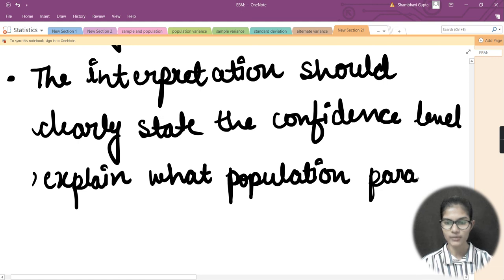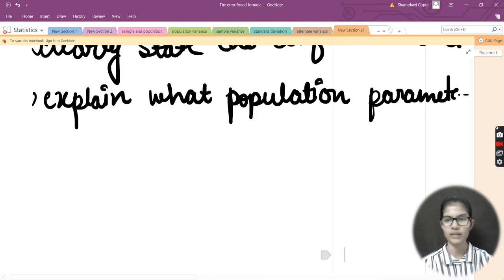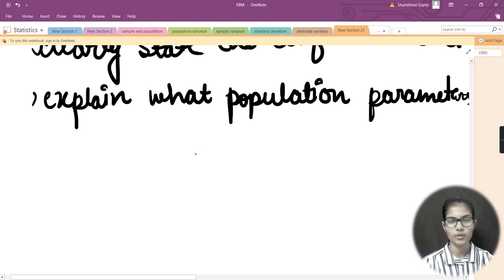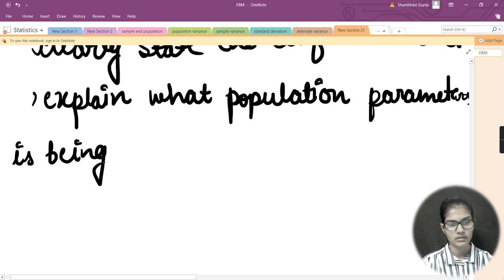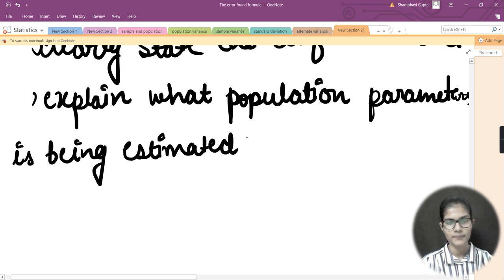We have population parameters, which I just mentioned: the population mean, the population standard deviation. Explain what population parameter is being estimated. You can say population mean, whatever.